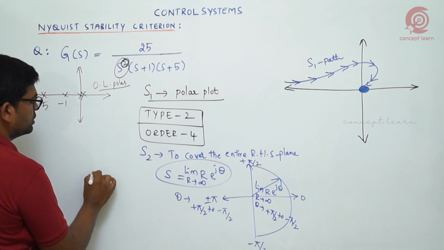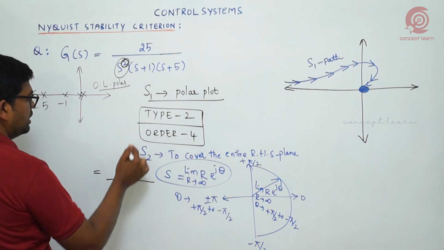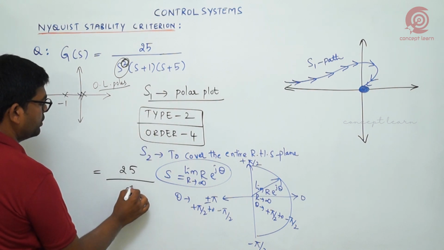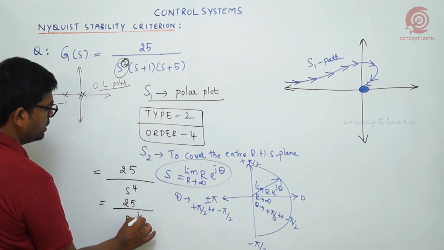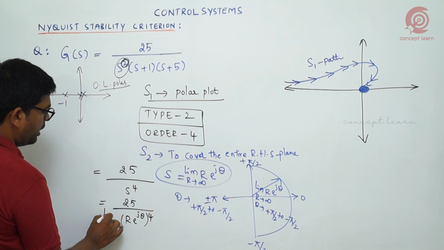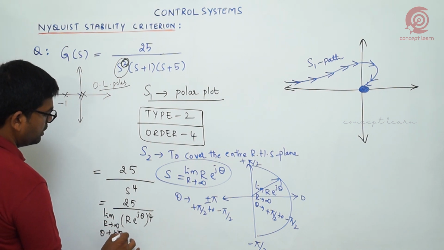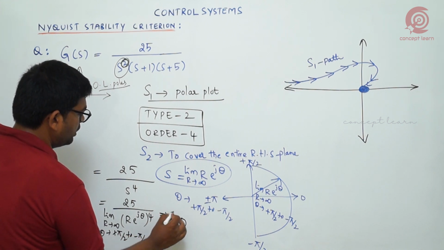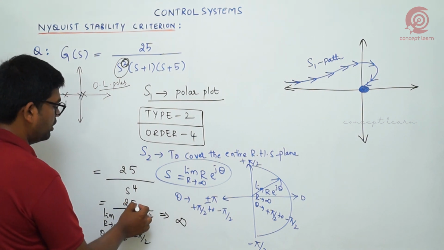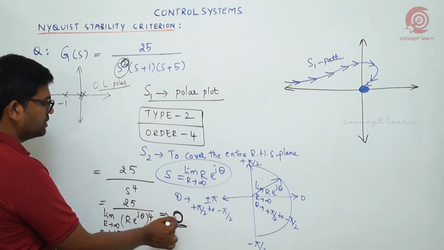Look at this transfer function, 25 by s power 4. So 25 by (R e power j theta) whole power 4, but R tends to infinity and theta is from plus 90 to minus 90. Substituting here, we get 25 by infinity, which means the answer will be 0.